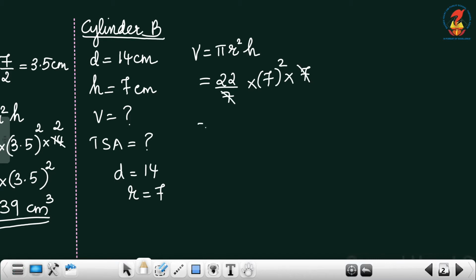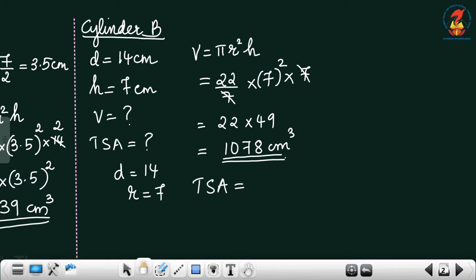The 7 and the 7 gets cancelled. 22 into 49. And what will be 22 into 49? The answer will be 1078. Unit will be centimeter cube.